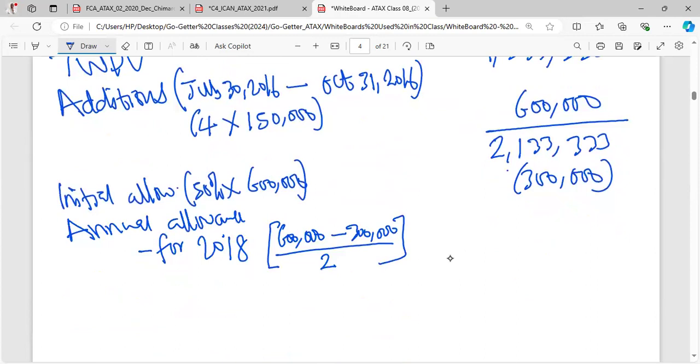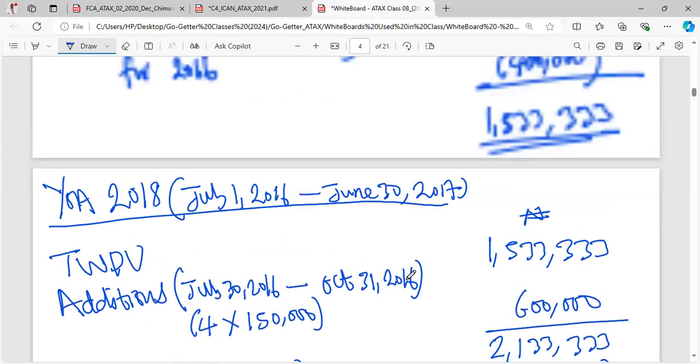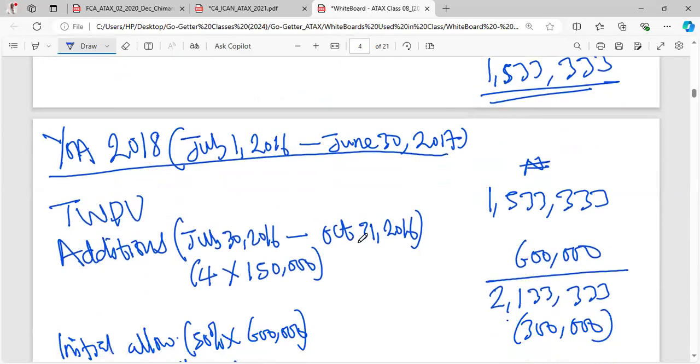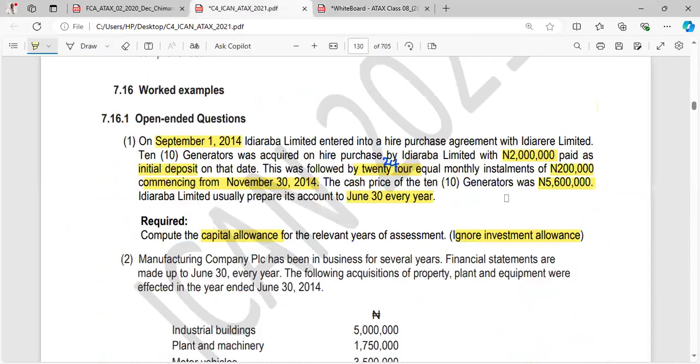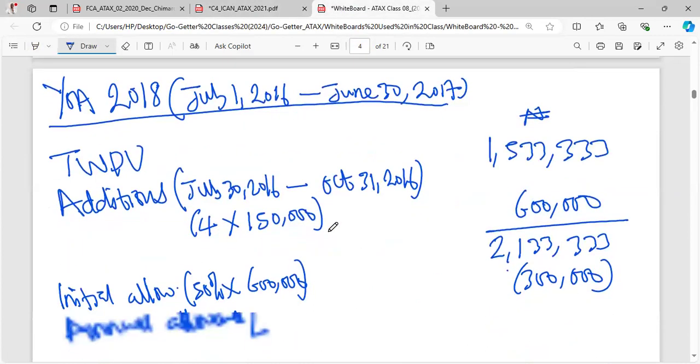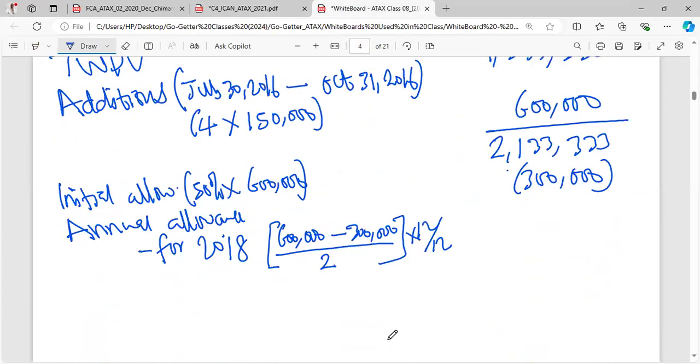So it's still going to be 12 over 12. We were not told that the asset was sold. Let's look at the question again. We were not told that the asset was sold after the payments were complete. So it means that for 12 months, there's an annual allowance.